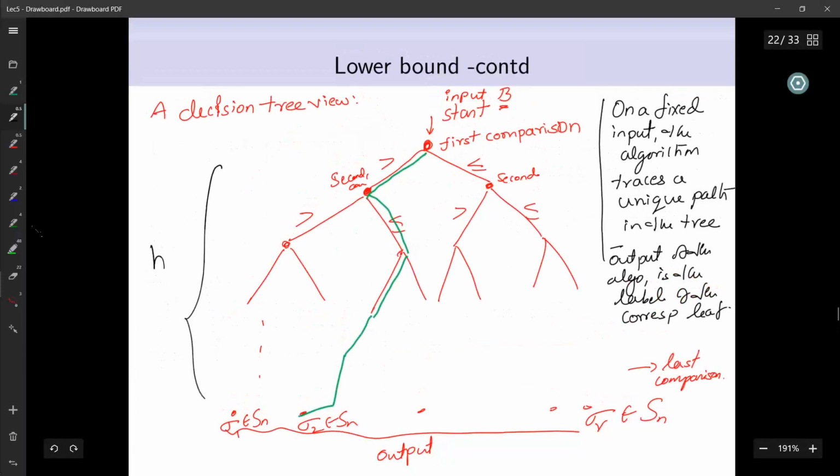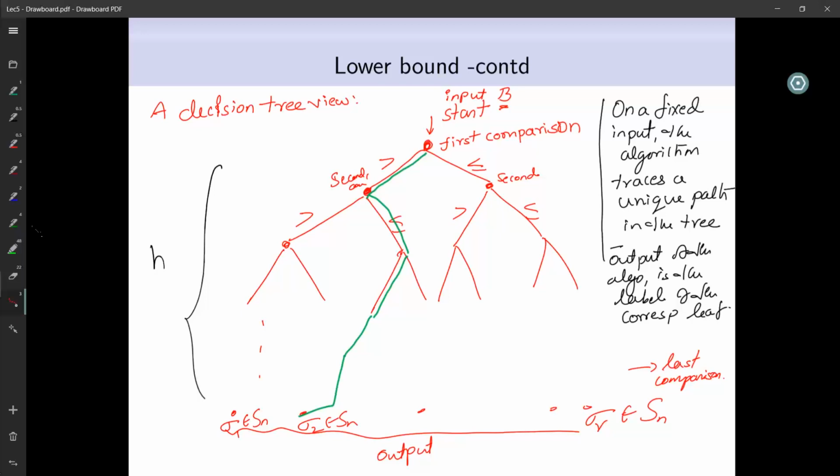Now what does your algorithm do with respect to sigma? Remember that sigma is not labeled by any of the leaves, but the algorithm will trace some path. You will find that the leaf is not labeled by sigma because sigma does not even occur there, right? So your algorithm must be outputting incorrectly, because for any array, the sorted sequence corresponds to a unique permutation.